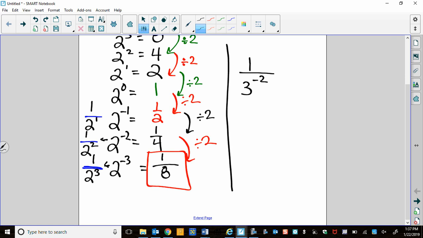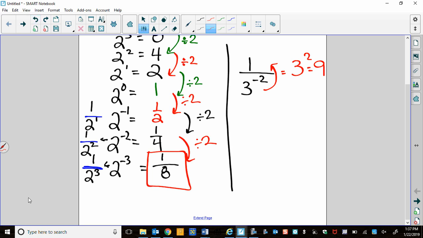So the only other place for it to go is up in the numerator. Okay? So obviously we can't keep going down here. It's impossible. We can't have double fractions here. So what we're going to do is now bring it up. So this is really going to be 3 squared, which equals 9. And you can check with your calculator. If you do 1 divided by 3 to the negative 2 power, you will get the answer of 9.